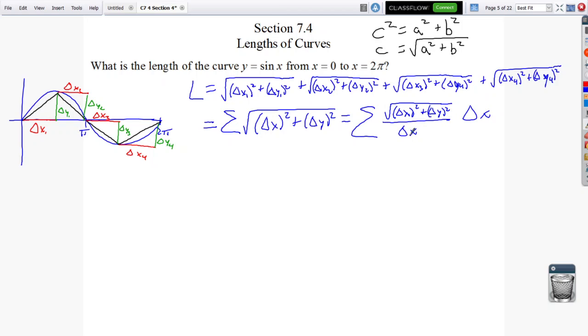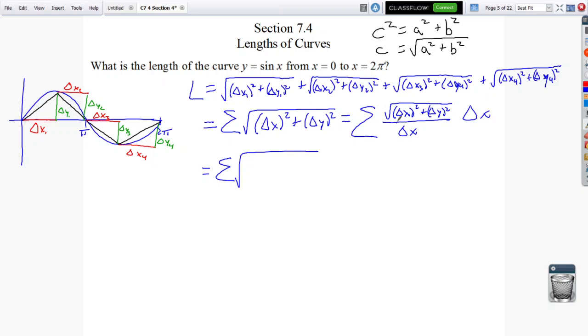All right? So now I look a little bit closer here. And that delta x in the denominator, I don't like it looking like that. I want to slide it underneath the square root so that I can start making this a little bit simpler. So I know that this is going to be equal to the summation of the square root.